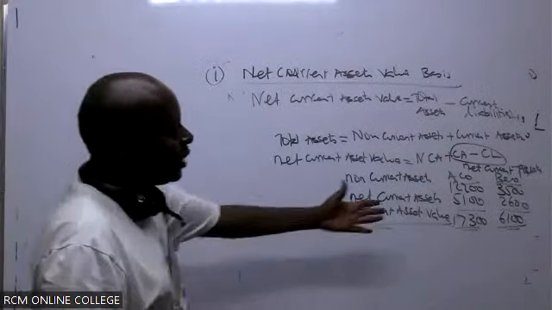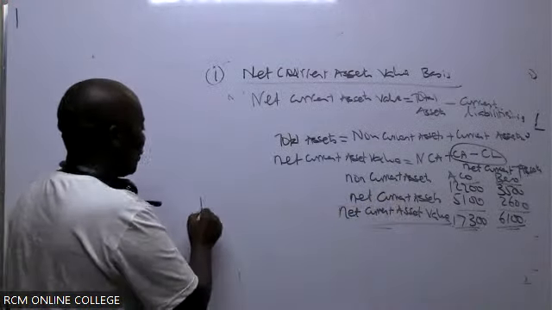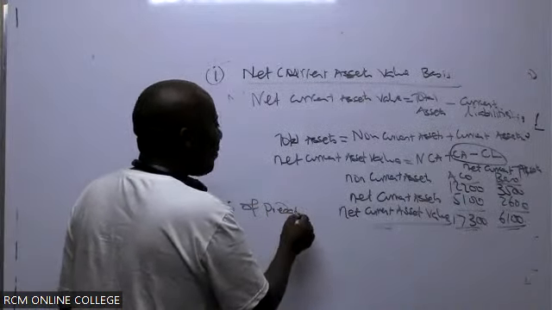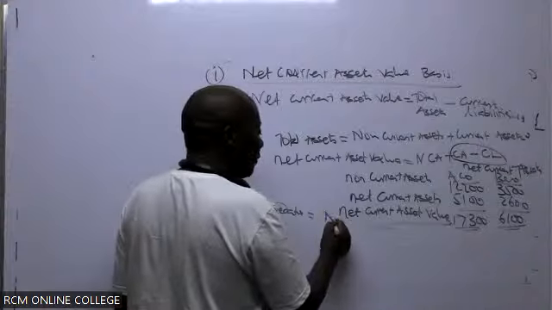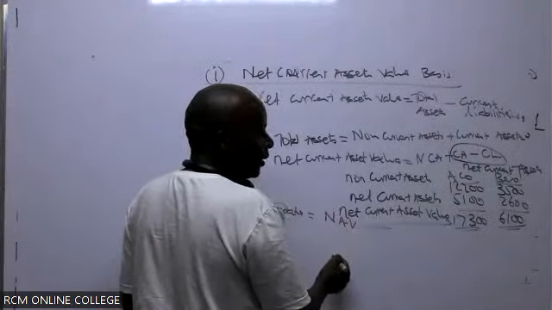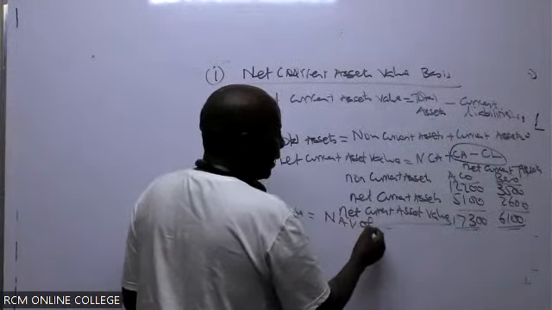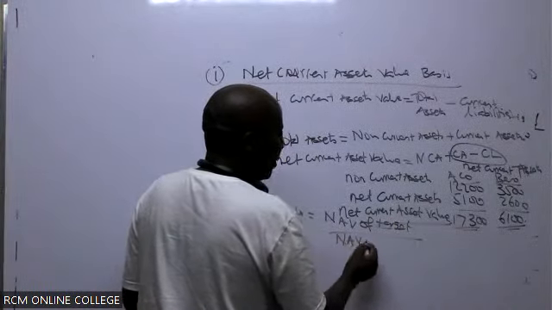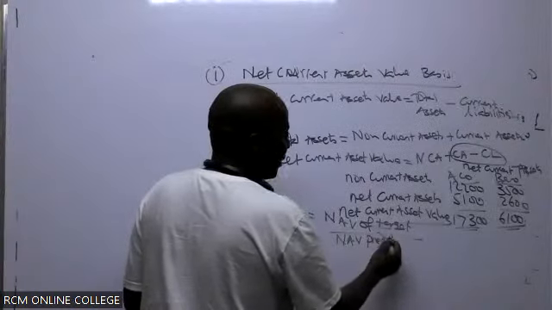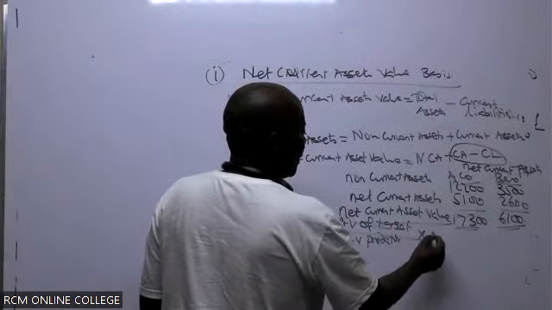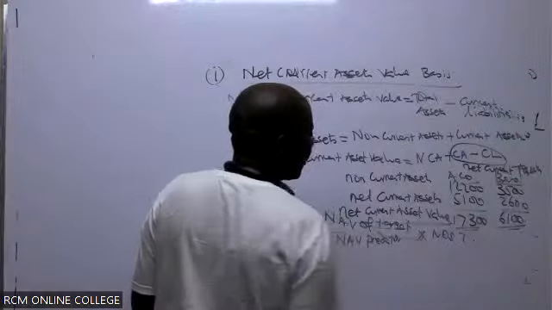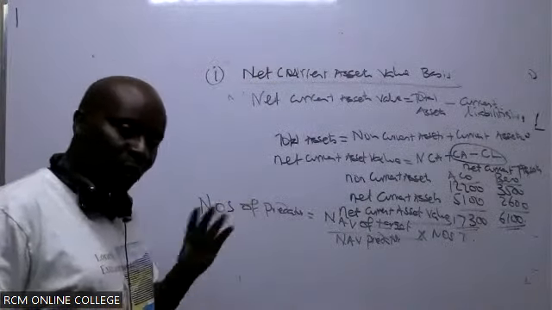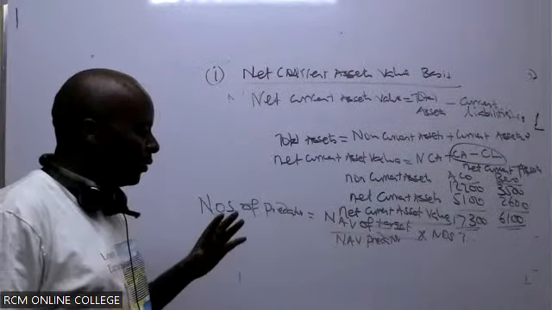So then if you're using this to get our number of shares of the predator, you will come and take here the NAV of the target over NAV of the predator, times, in this case here, NOS T. So I want you to go and watch this video again. Very, very important.